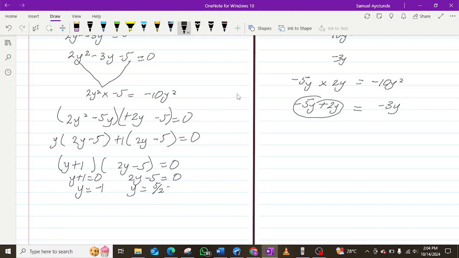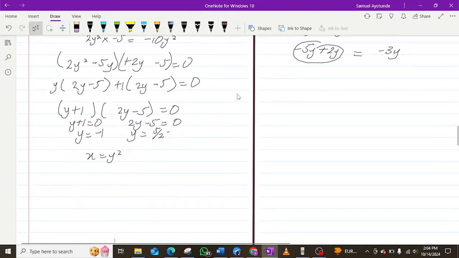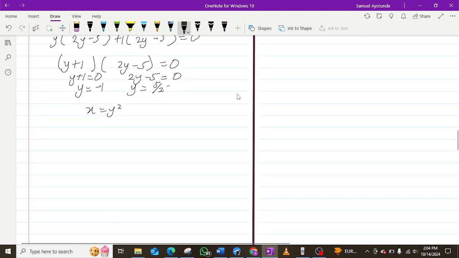Now to get the value of x, we have initially said that x is equal to y squared. So we substitute the values of y into the expression so that we can get x.